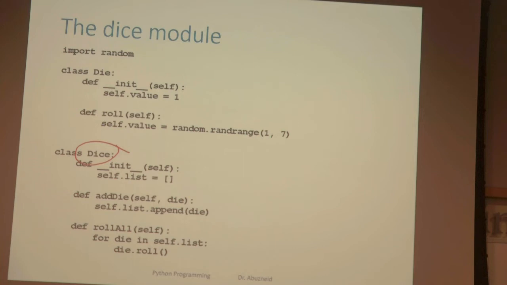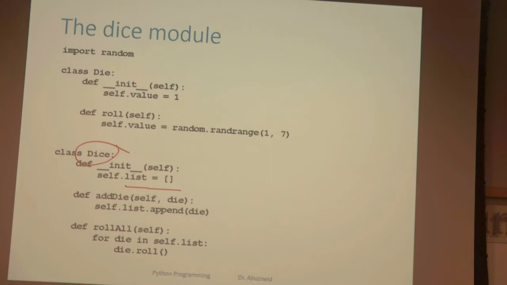So what are the parameters in dice? A list. At the beginning it is an empty list. Then what do you do? You could add a die. The first die, the second die, third die. So what are the functions we need for dice? I need to add a die.